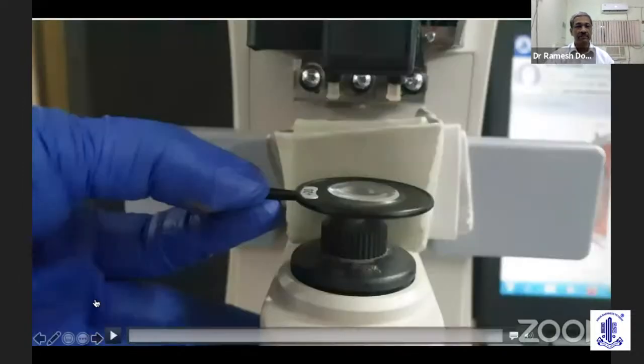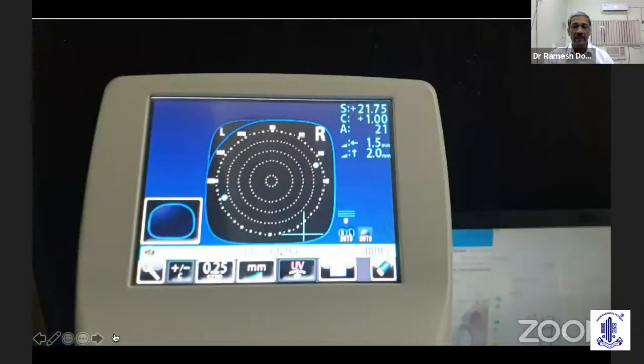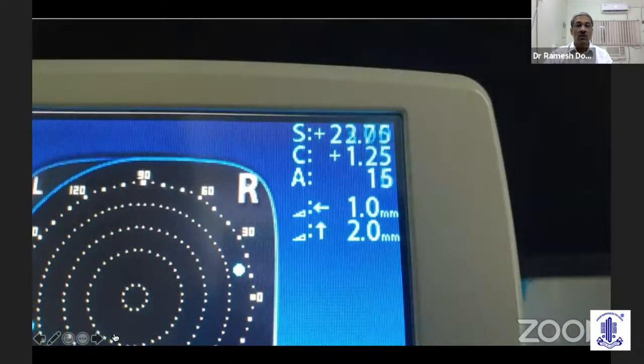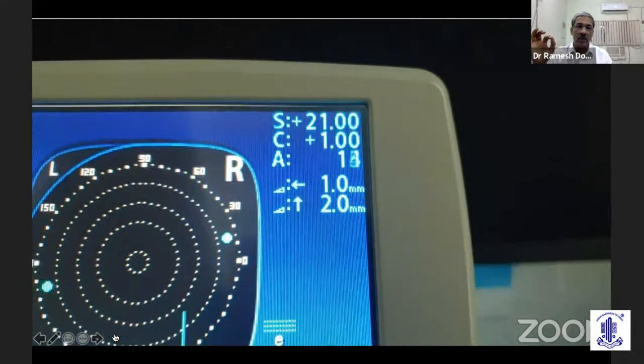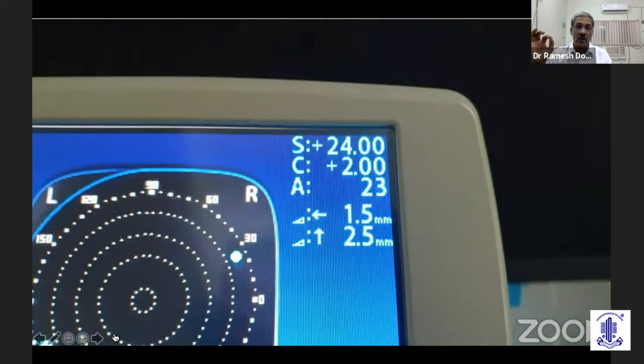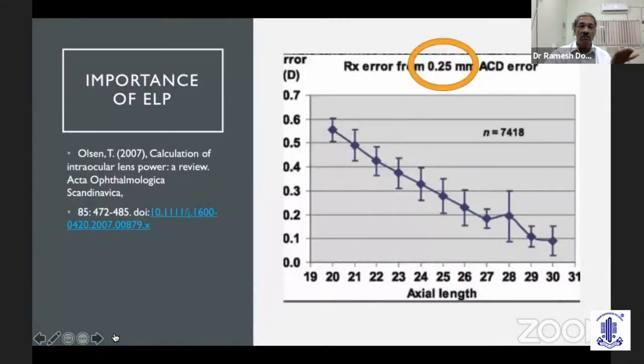Now, let us see what happens when I move this plus 20 diopter lens in a lensometer by about 2 centimeters. The power of this 20D lens can vary from 20 to 24.75 diopters. Similarly, inside the eye, when our intraocular lens moves, Olsen taught us in 2007 that minor variations can cause changes.